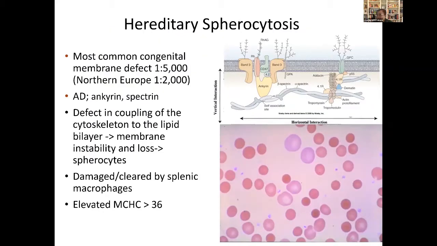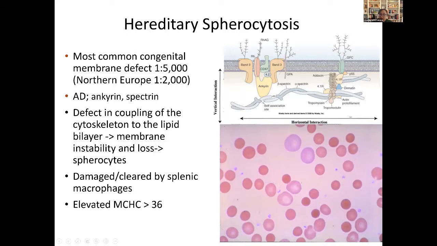So a few words about hereditary spherocytosis. It is the most common congenital membrane defect, and it's seen in about 1 in 5,000 people, but in Northern Europe it's more common and seen in about 1 in 2,000 people. It's an autosomal dominant defect, which involves either ankyrin or spectrin. The problem here lies in coupling of the cytoskeleton to the lipid bilayer.